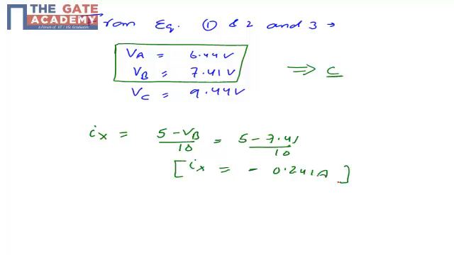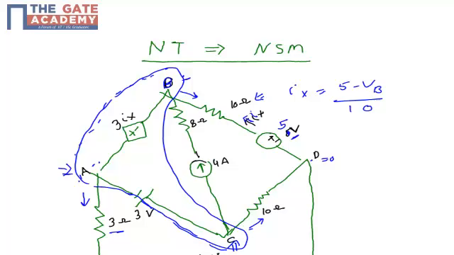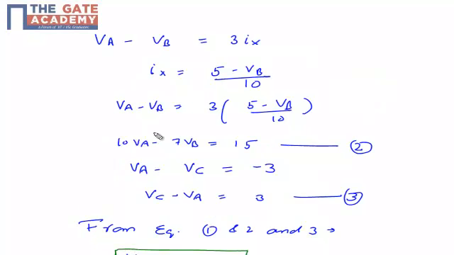The minus sign signifies that we have assumed the direction of Ix incorrectly. In the question, the direction of Ix is given incorrectly. Actually, the current is flowing from node B towards 5 volt, but in the question it is given that Ix is flowing from 5 volt to node B. So that's the meaning of the minus sign.